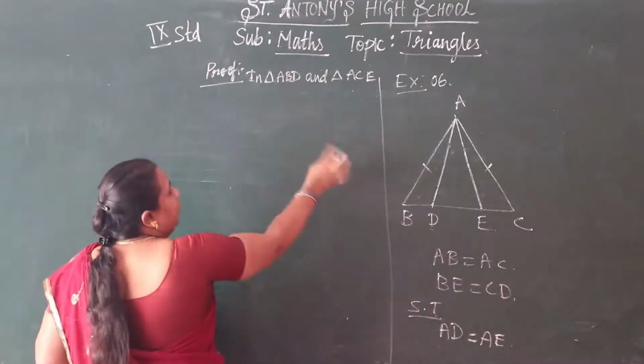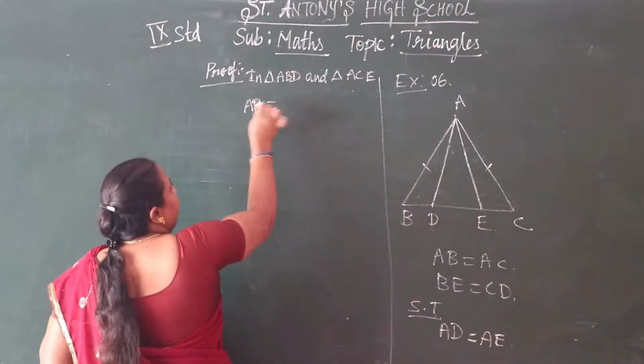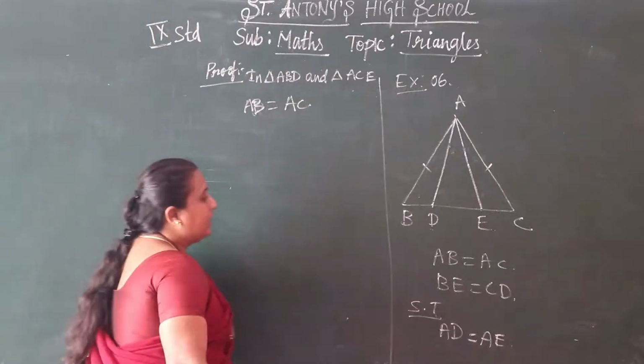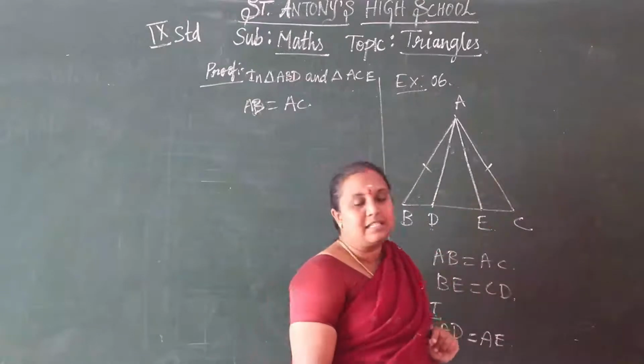The first one we know is AB equals AC. That is given.